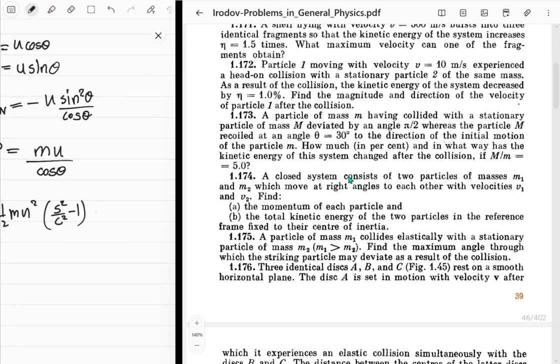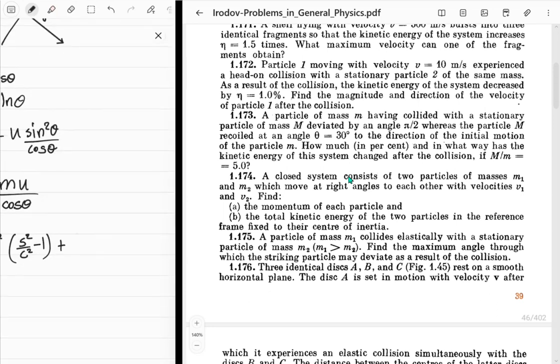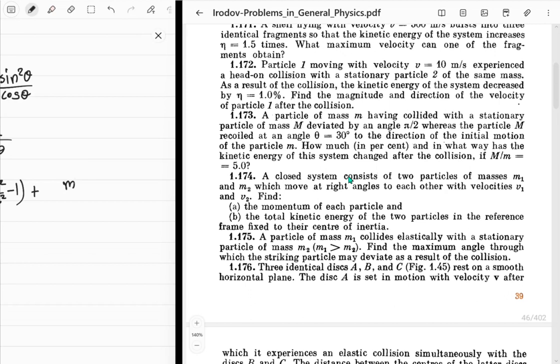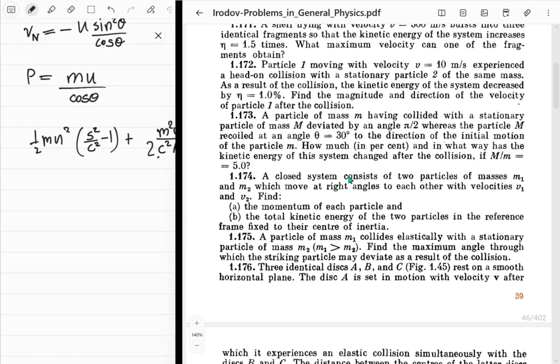Okay, that's sorted. And the other part, you know the momentum, so you can figure out the kinetic energy. It's going to be momentum squared, half, divided by the mass. So this will be this guy squared: m squared u squared upon cosine squared. You will have this 2 and you will also divide by the mass. And there we go. Perfect.